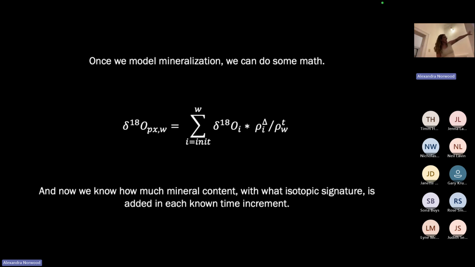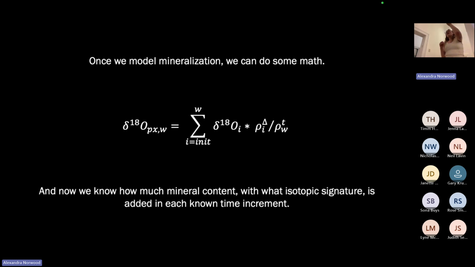What this math is telling you is that we've built an equation to say, what is the isotope value at any given moment in time, and what percentage of that tiny piece of enamel is growing at that time. It's a simple idea underneath all this math, right?